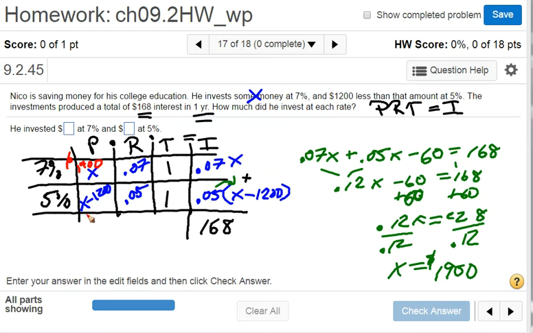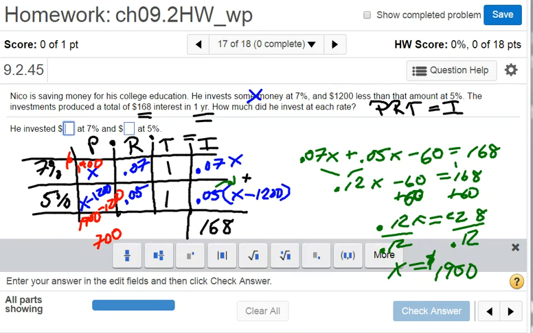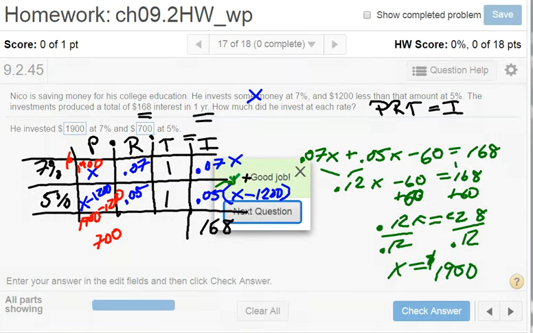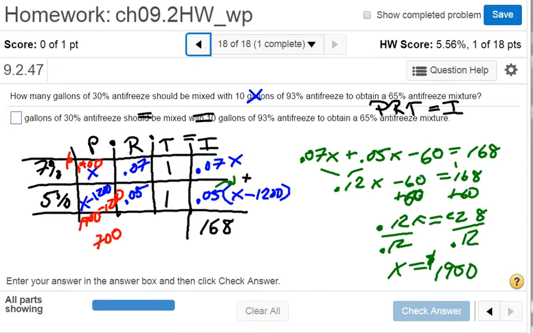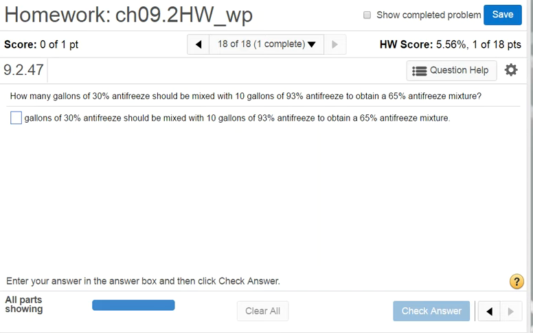And then I have 1,900 minus 1,200 on my other account, so that's going to leave me with 700. So I have 1,900 at 7%, and then I have the 700 at the 5%. So that's a mixture problem with money, where we're just using those two different accounts.